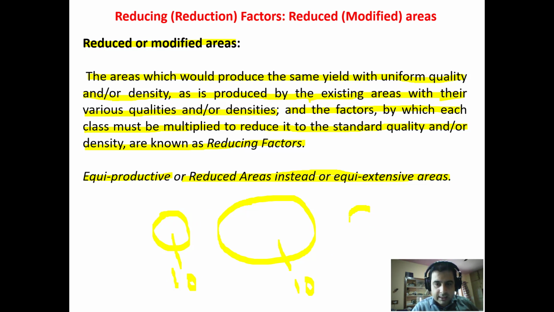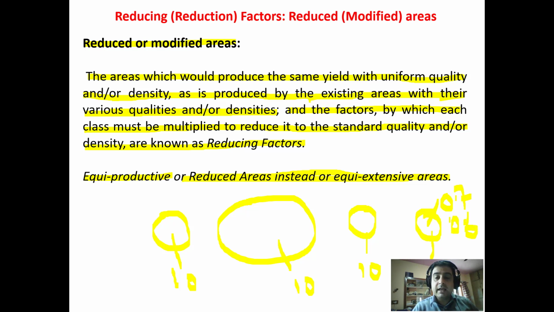In another case, we may have areas of the same size, but we get 10 from here and only 5 from here. It means it must have some different density, as he is telling here, various qualities or densities. This must have a density which might not be 1, which might be 0.7 or 0.6.